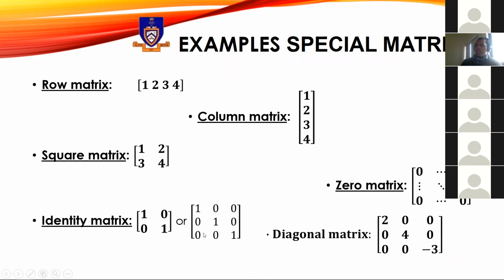And we showed you an example of the identity matrices, which is over here. Okay, so in most cases, we will be using this. This is for the 2 by 2. Okay, this one is for the 3 by 3. Okay. So this is the identity matrix. It's going to be the same all the time, everywhere.